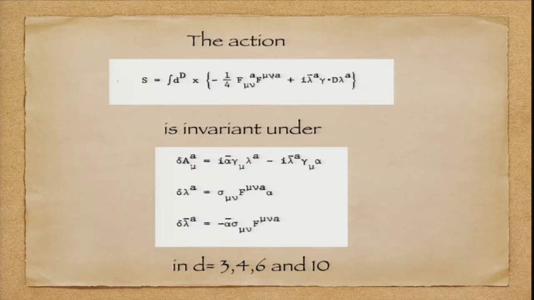The same expression. The gamma matrices have to be in 3, 4, 6, and 10 dimensions, and the spinors have to be the lowest spinor representation of those dimensions. And you can even write the invariance like that. It's the same in all dimensions.